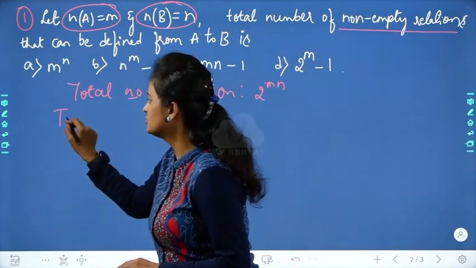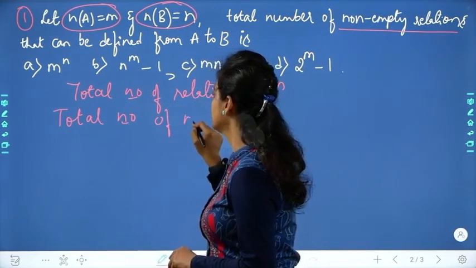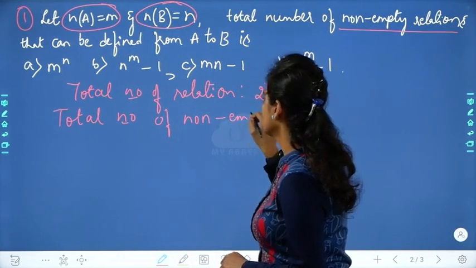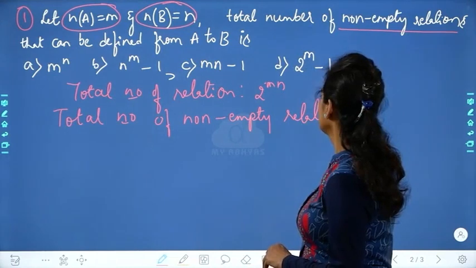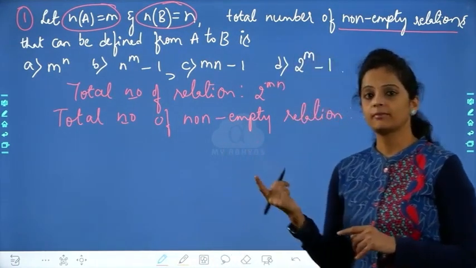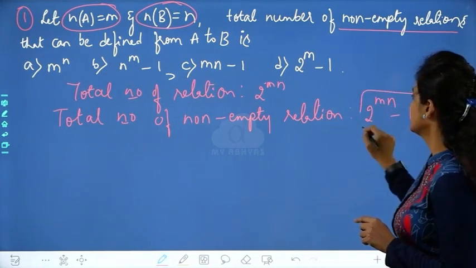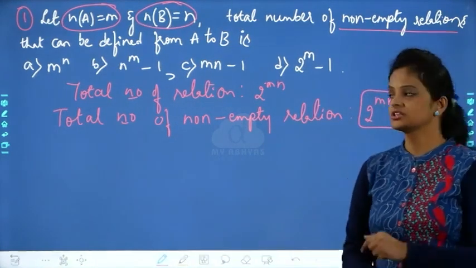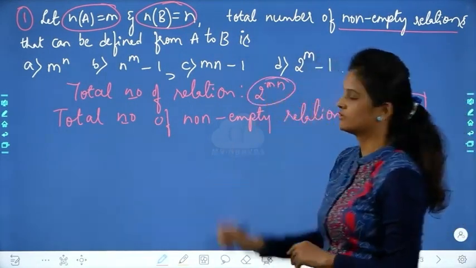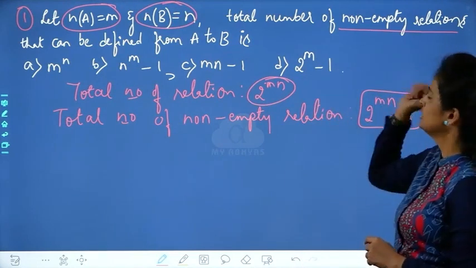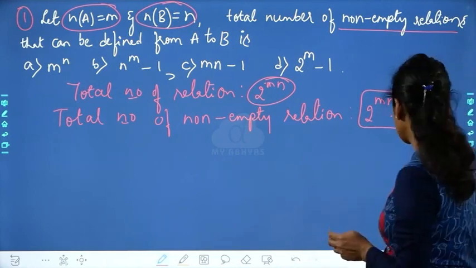But when they ask you the total number of non-empty relations, then I have to take 2 to the power of mn minus 1. This is the number of non-empty relations from one set to the other set. So in general it is 2 to the power of mn, and for non-empty relations it is 2 to the power of mn minus 1. This is about the first question.